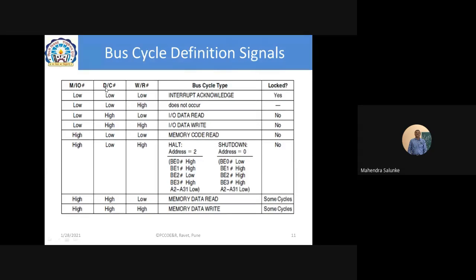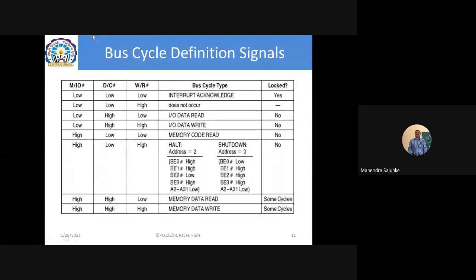In that discussion, I highlighted that when we are talking about memory and IO read write operations, those are treated as data operations, and others are treated as control bus cycles. So what types of control bus cycles are there? Those are interrupt acknowledgement, then fetch operation, and then halt or shutdown. So these three are the control bus cycles.